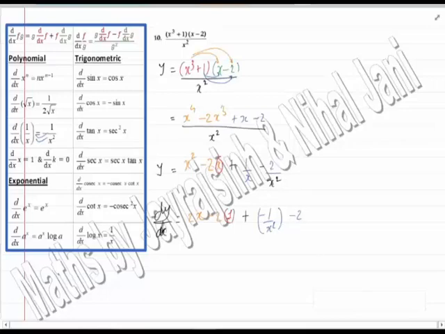We have to differentiate 1 upon x square, or we can say x raised to minus 2, right? And the differentiation of x raised to minus 2 is minus 2x raised to minus 2 minus 1, or we can say minus 3, right? Okay, so the final answer is 2x minus 2 minus 1 by x square plus 4 upon x cube. Ta-da!